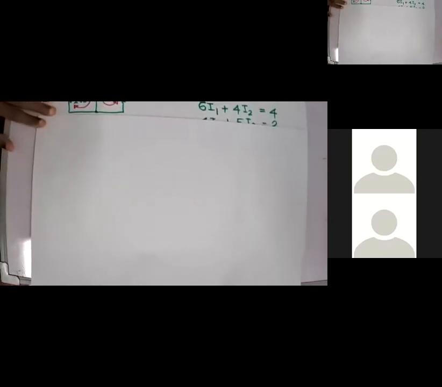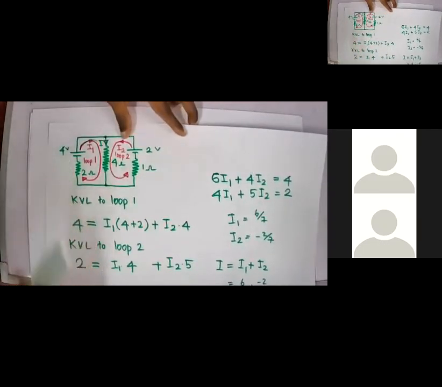let's see. Okay, we'll start with the superposition theorem. What the superposition theorem says is, see here, we have a battery here and here as well. Can you see the slide?